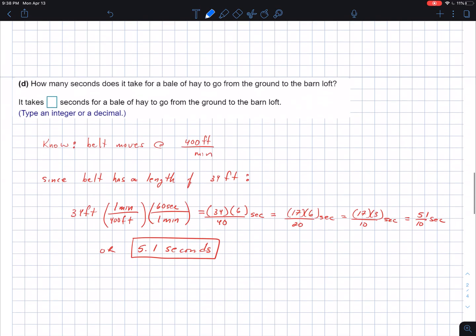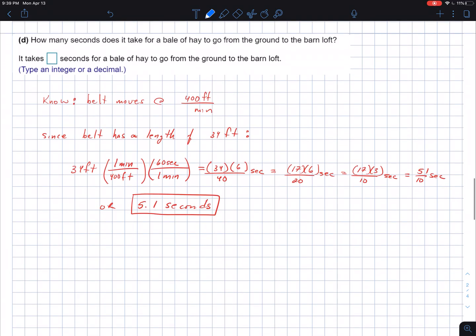D, how many seconds does it take for a bale of hay to go from the ground to the barn loft? Well, what do we know? We know that the belt moves at 400 feet per minute. But remember, the question wants us to know in seconds. So, since the belt has a length of 34 feet, we're just going to use dimensional analysis, DA here, and set it up. I'm going to start with what I know, which was the 34 feet.